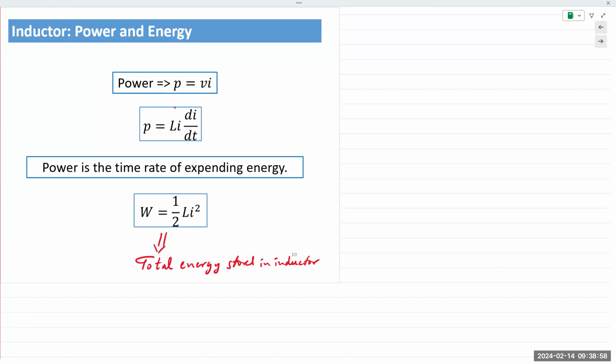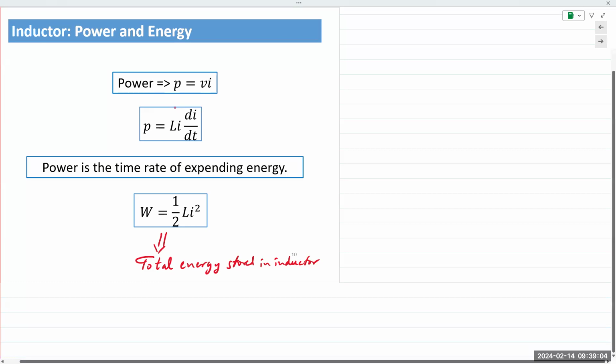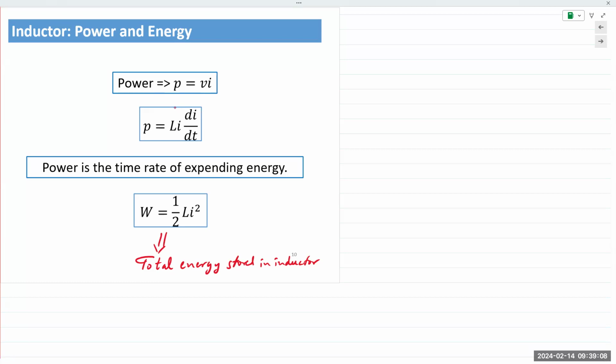And depending on the size of the inductor and the amount of current being sent through the inductor, it could be a millisecond, a few milliseconds, a few microseconds, or it could be seconds. It just depends on the size of the bucket and the rate of flow of water, how long it takes to fill up. Make sense? So we'd be able to see a voltage, but very, very brief.